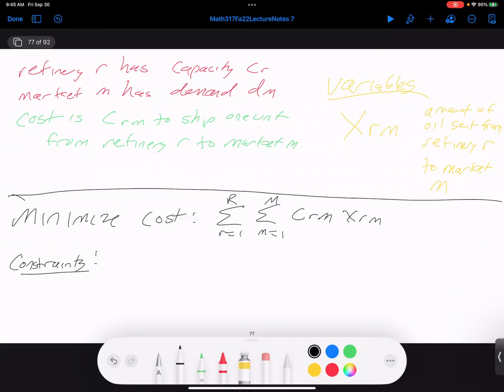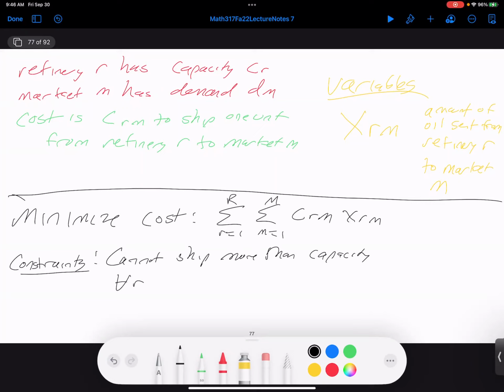Can somebody give me a constraint? Yes, you can't ship more than your capacity. So how would we encode that? In English, cannot ship more than capacity. So for all R, I want a constraint for each refinery.